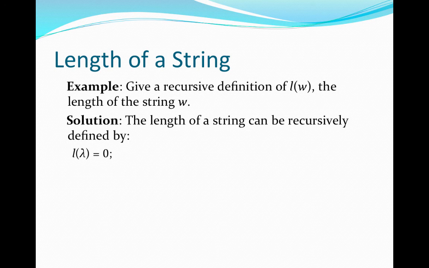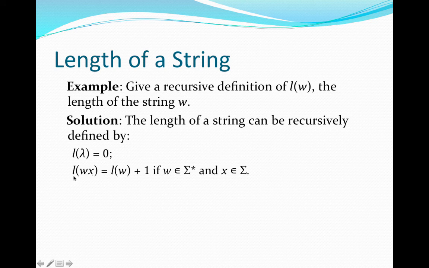Now recall that in the recursive definition of a string, we specified how to create new strings by adding a member of the alphabet to the right of an already defined string. So we are going to define the length of a string defined at the recursive step. At that step, we took a previously defined member of our set of strings and added a member of the alphabet to the right.